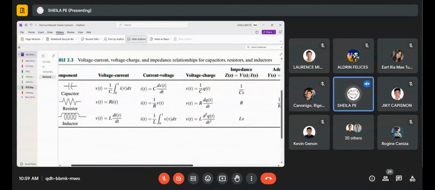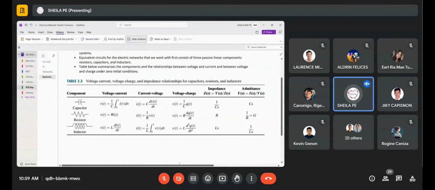Okay, this is used in class if we are solving RL circuit networks. We have RC, and we have RLC, the combination of the three.